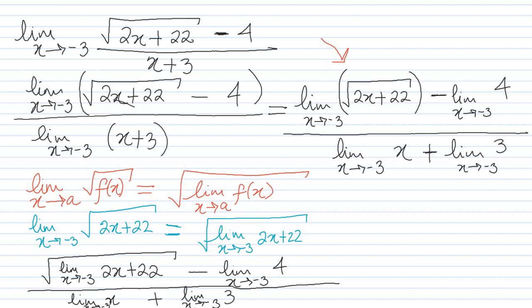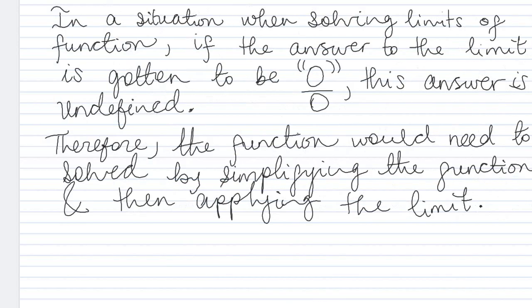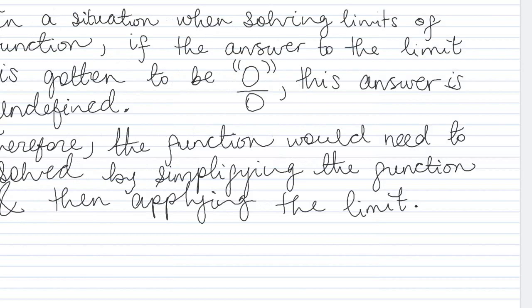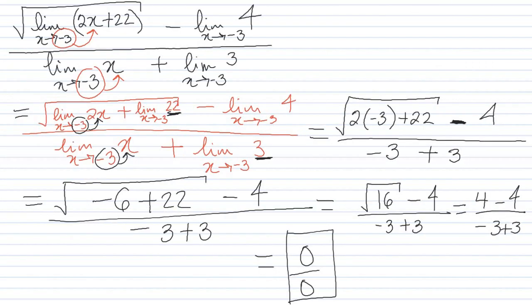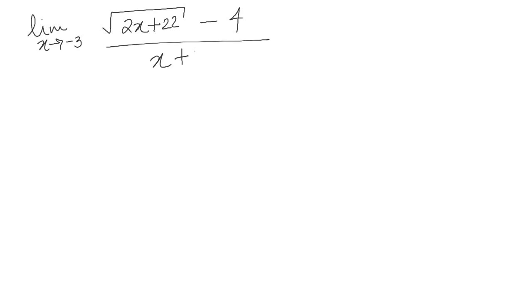So that's basically it. We're now going to rewrite this question, and solve it in the proper way in order to get what the answer is supposed to be. So I'm going to rewrite it. We have the limit as x goes to negative 3 of the square root of 2x plus 22, minus 4, divided by x plus 3.